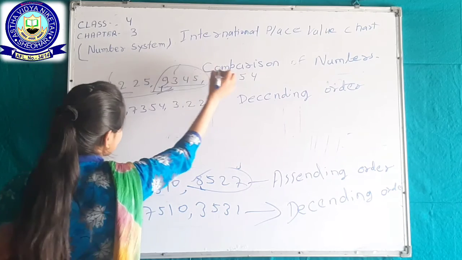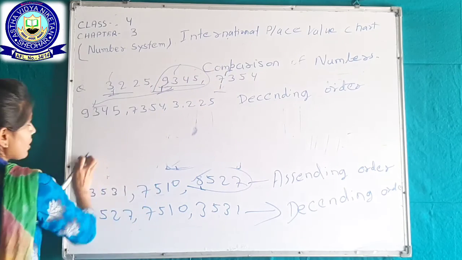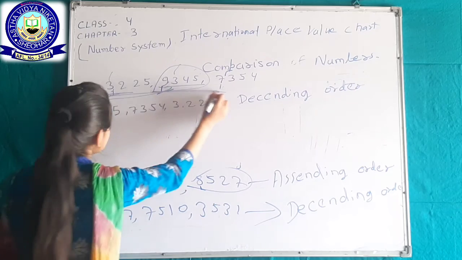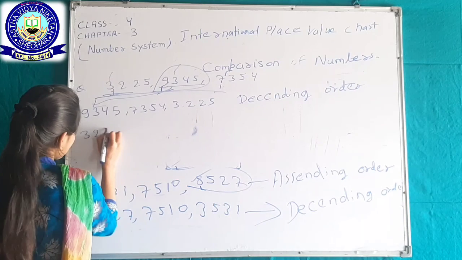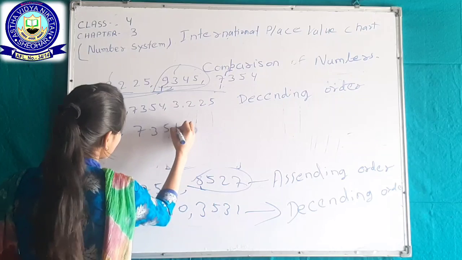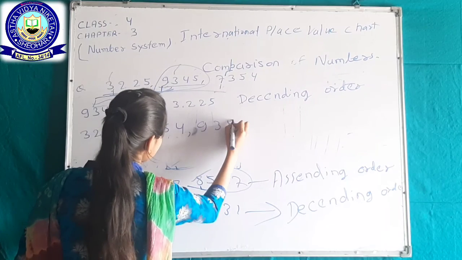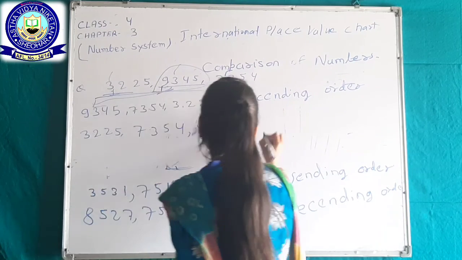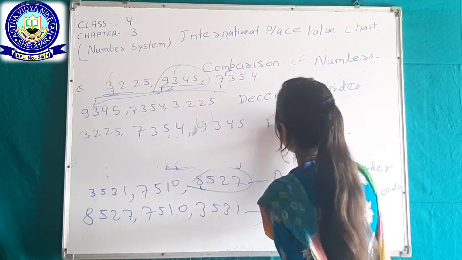Here is 3, here is 9, and here is 7. 3 is the smallest number of this given series. 3,225, and then after that 7,354, and then 9,345. It is in our ascending order.